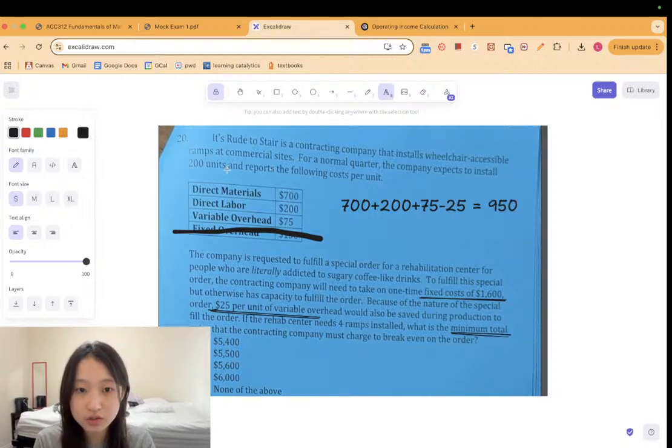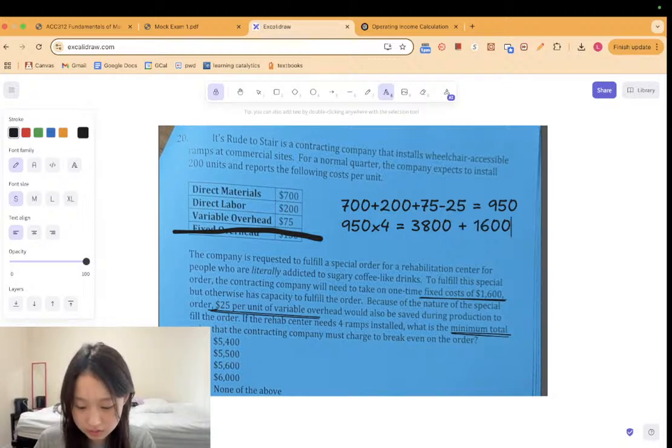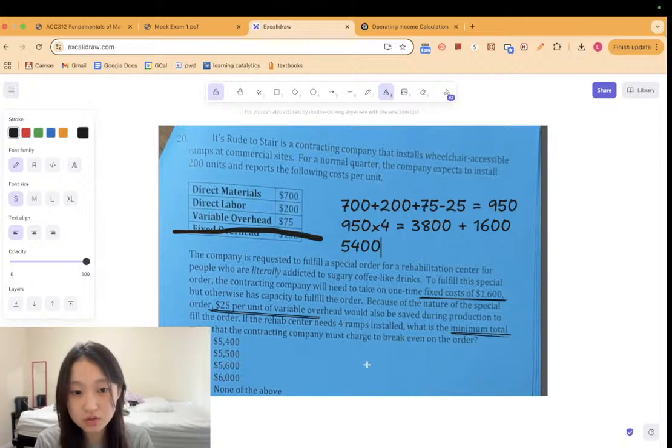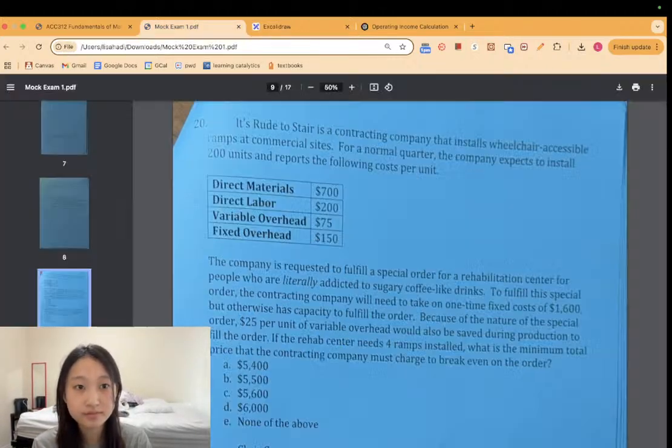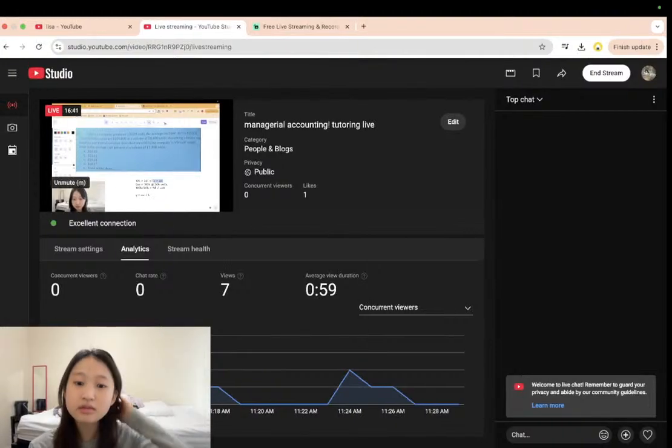But then you also need 4 of them, so 950 times 4 is 3,800, and then you want to add your fixed cost of 1,600, and you get 5,400, and that is the total minimum price that they should charge to break even. Easy? Yes.